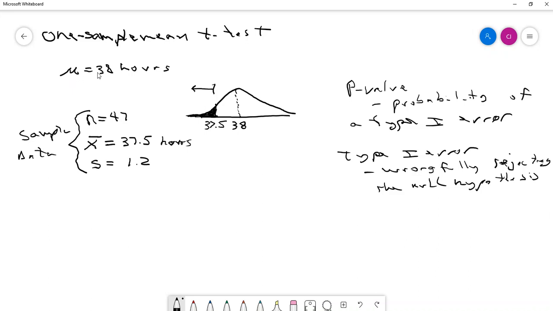Okay, so let's back up to here. We have that the mean was 38, and again, we need to write that as a null hypothesis. So H sub 0 is that the mean is greater than or equal to 38. Okay, so you're saying, wait a minute, what did you just do there? Why did I write this? Well, we want to go back to that idea of things being innocent until proven guilty.